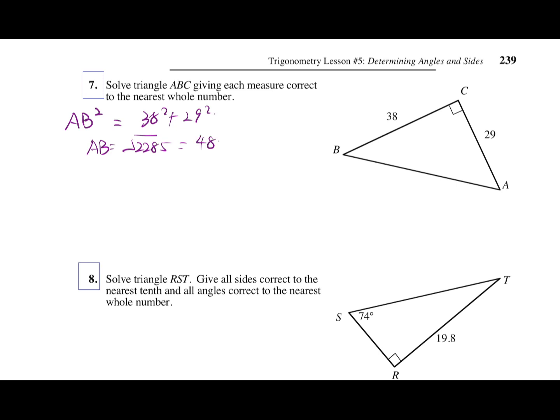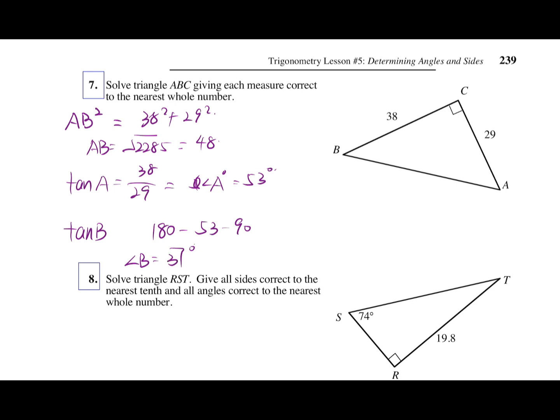And then we can use AC and BC for tangent. For example, tangent A equals, so A is 43 degrees, and then angle B is 180 minus 53 minus 90, so angle B is 37 degrees.